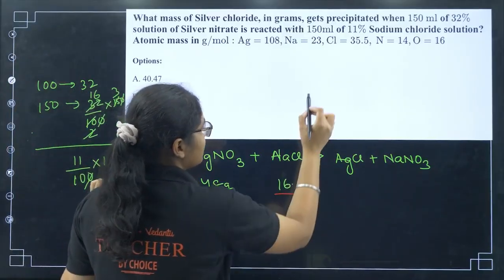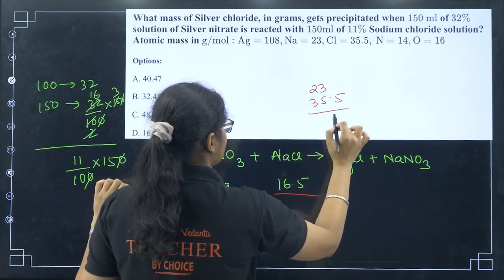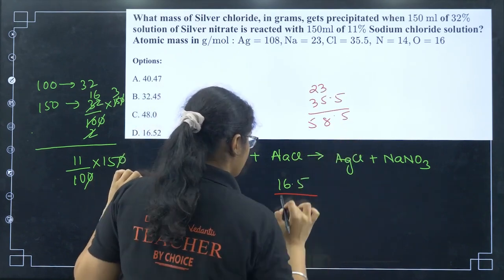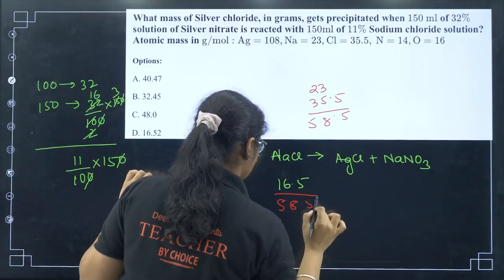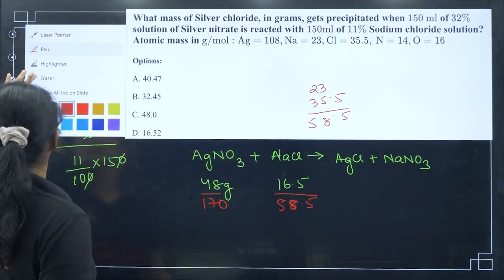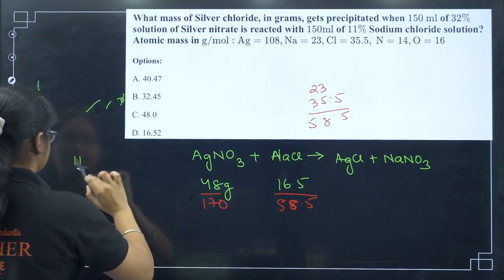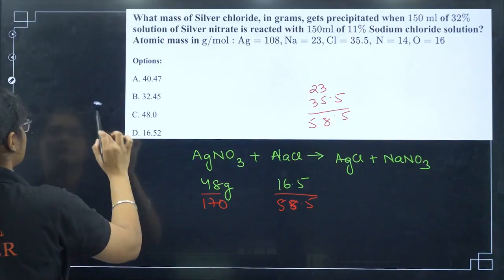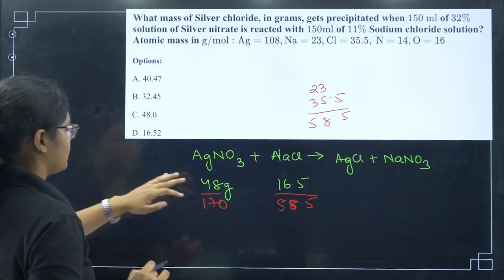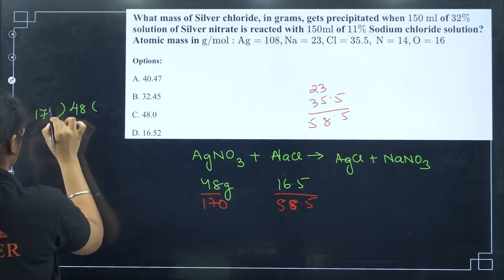NaCl mass is Na 23 and 35.5, that is 58.5. You can do this calculation in your calculator as well. So what will be the value of 48 divided by 170?